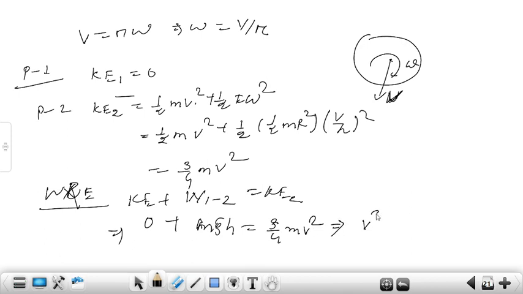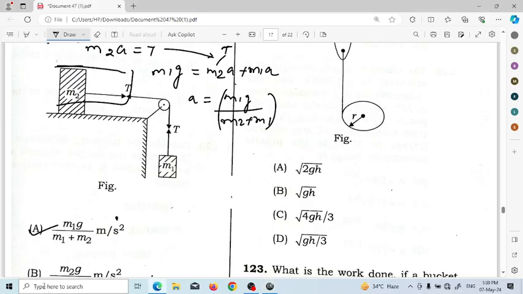So v square is equal to 4gh divided by 3. So the velocity will be root over 4gh by 3, acting downward. So option C is the correct answer.